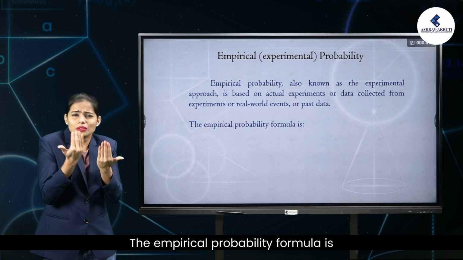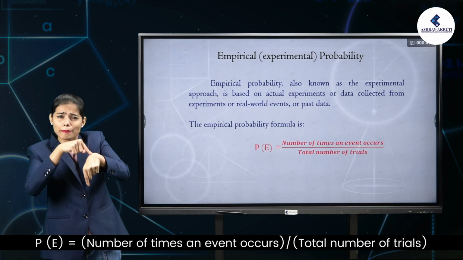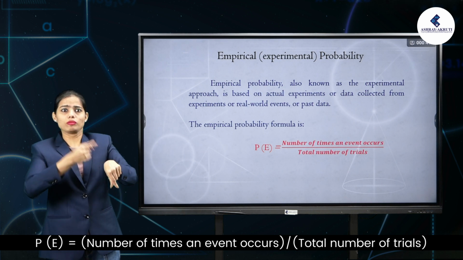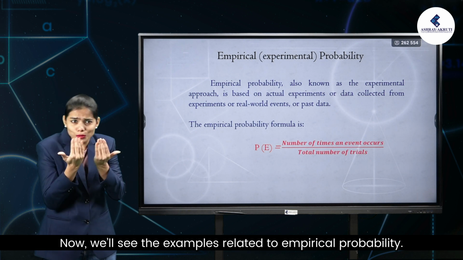The empirical probability formula is P(E) is equal to number of times an event occurs by total number of trials. Now, we will see the examples related to empirical probability.